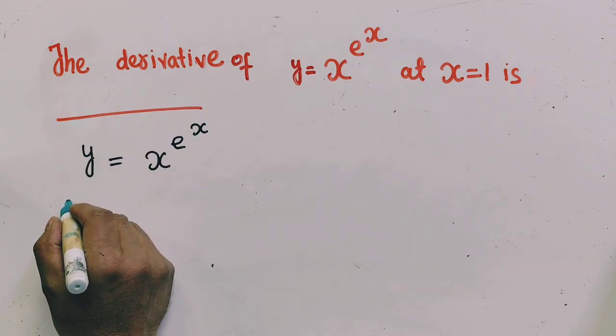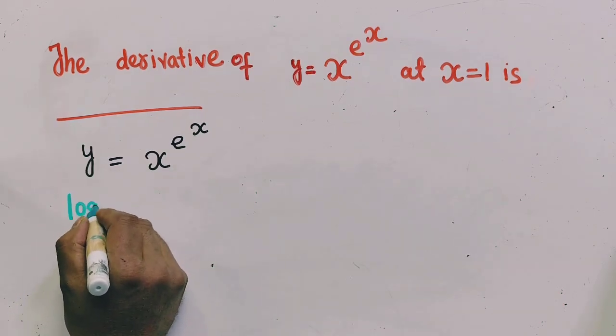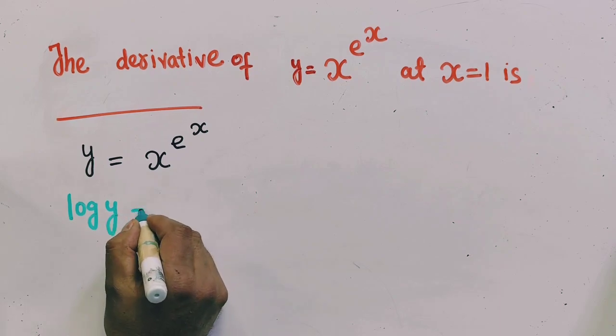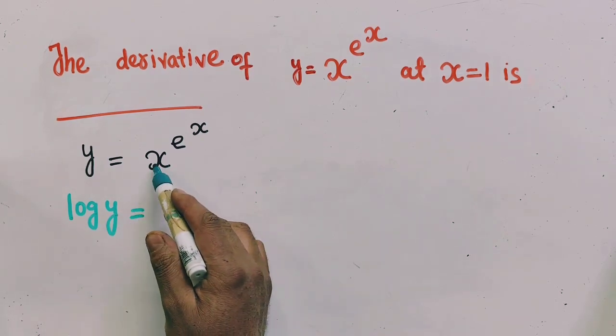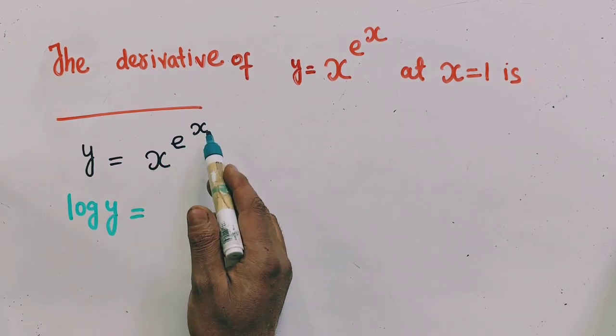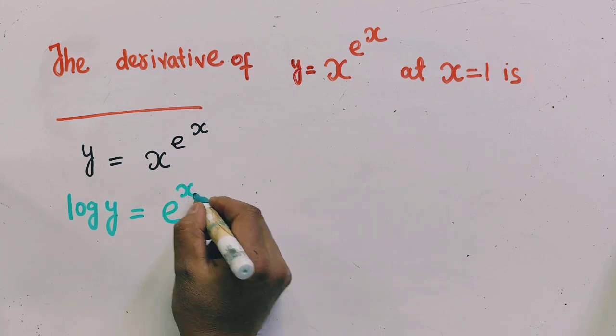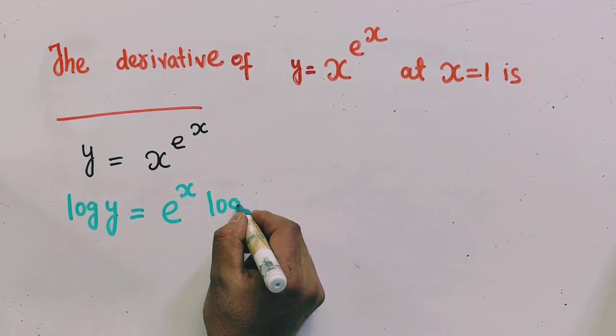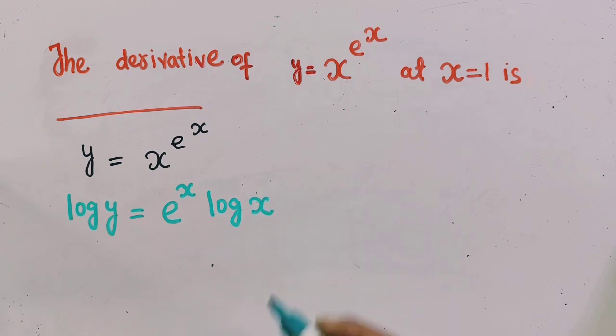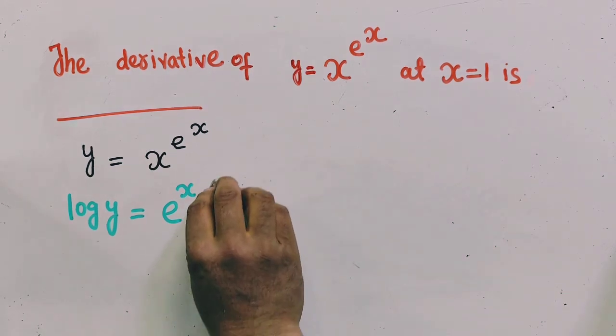That means log of y is equal to, now what is log of x raised power e raised power x? So e raised power x will become the coefficient times log of x.